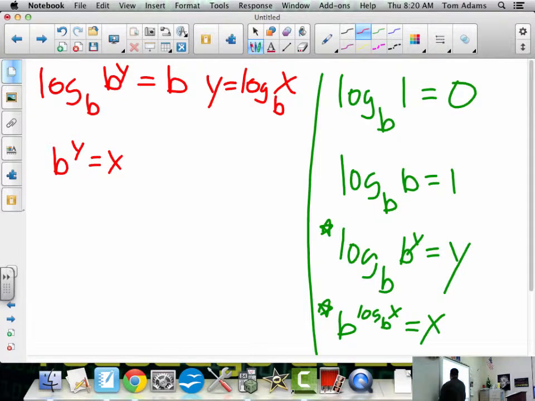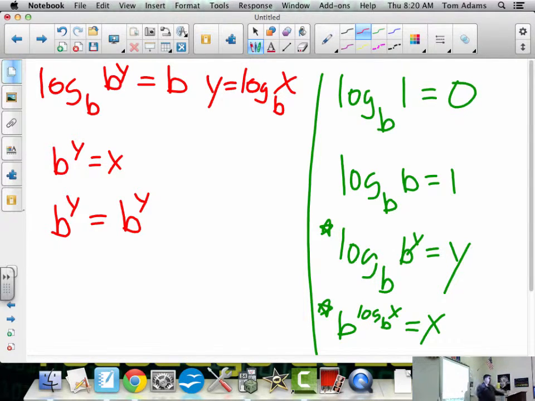Or in this case, it would be b to the y equals b to the y. And so, if b to the y equals b to the y, that's a true statement for any y. Pick a number for y.